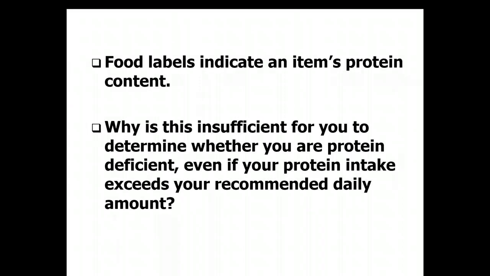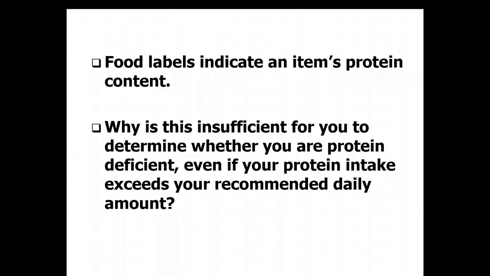So food labels indicate an item's protein content. So why is this insufficient for you to determine whether you are protein deficient, even if your protein intake exceeds your recommended daily amount? It's all about which of the proteins we need to acquire, the essential amino acids, versus ones that our bodies can synthesize.